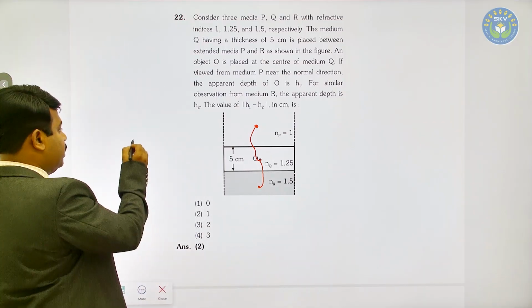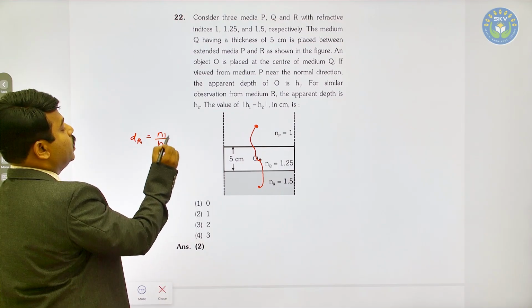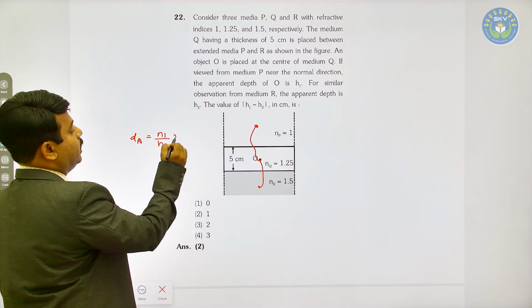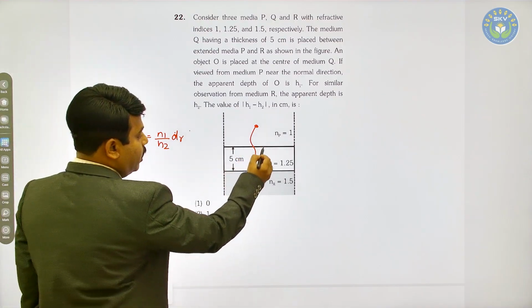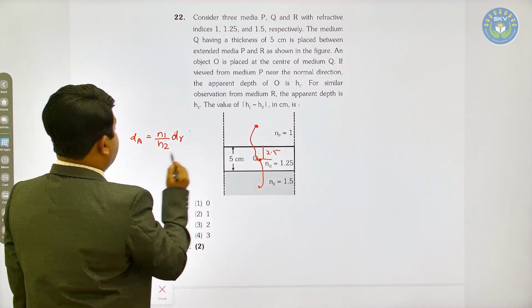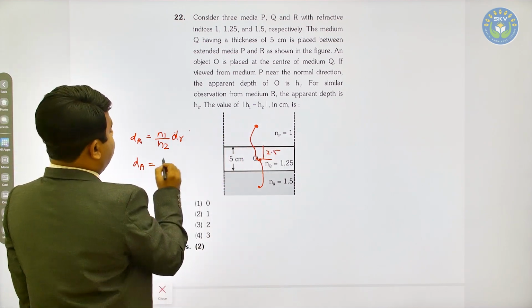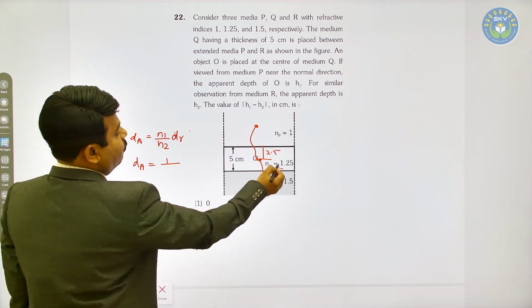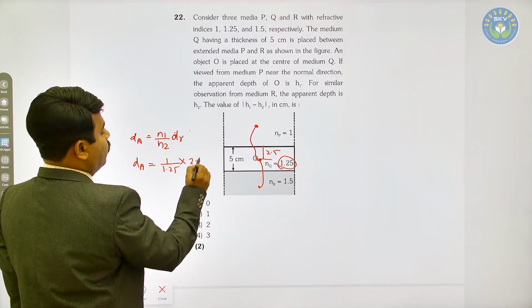What is apparent depth? Apparent depth is equal to n1 by n2 into real depth. Here the real depth is 2.5. So dA is equal to, in the first case, refractive index 1 and here refractive index 1.25, into real depth 2.5, that is 2.